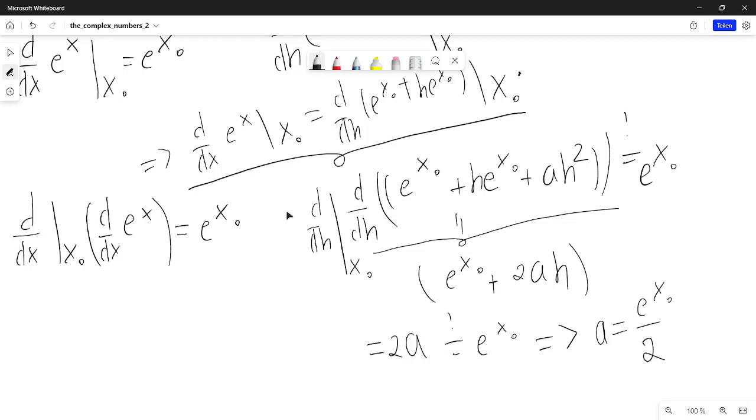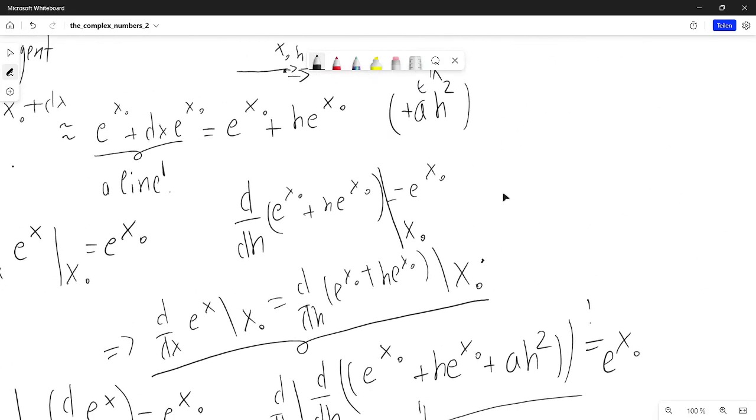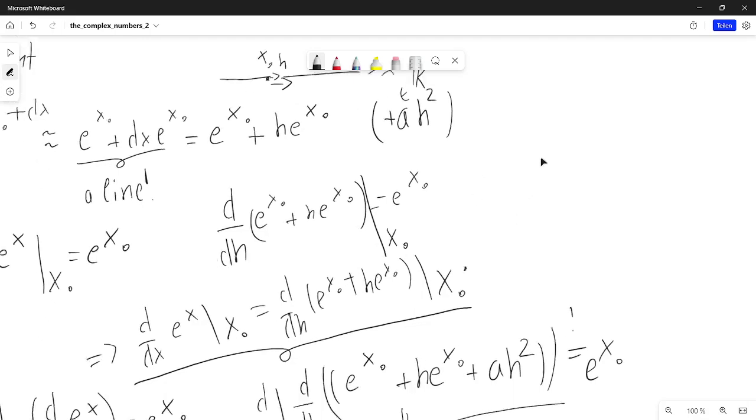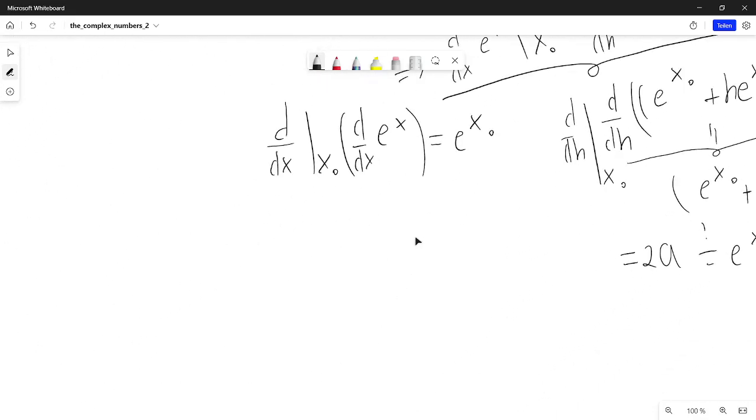Right, so then this polynomial, f(x0) plus f'(x0) h plus f''(x0) divided by 2 h squared, has the following property.